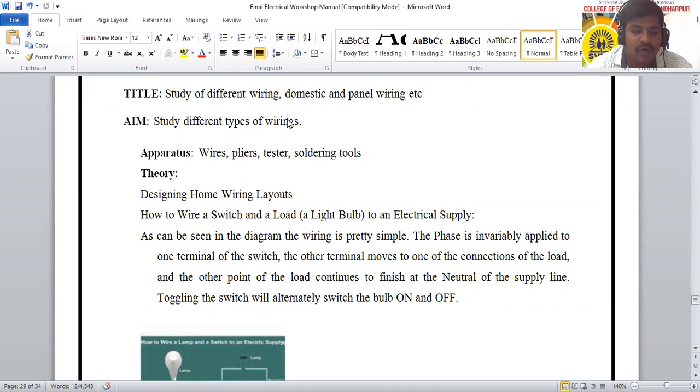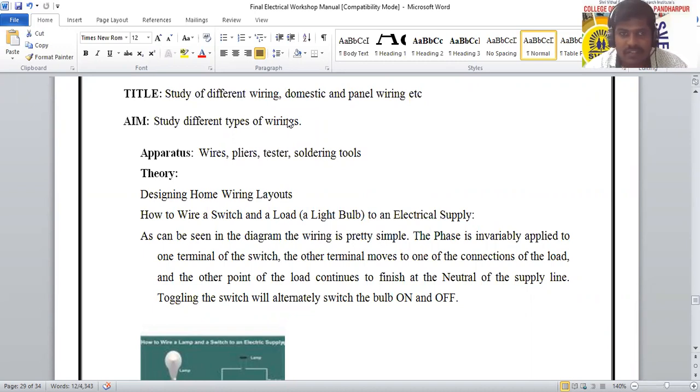This single load can be controlled by using two switches. Using two switches we control one load. And this type of wiring can be used generally in the staircase and in the go down type of wiring. So there are multiple loads in proportion to multiple switches.